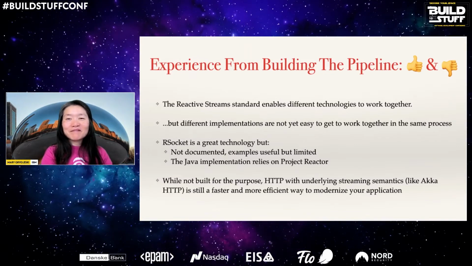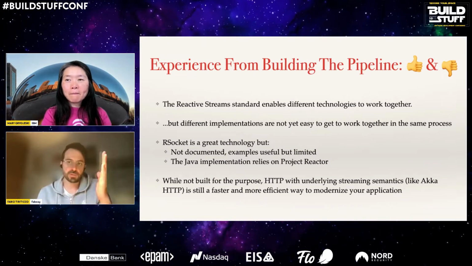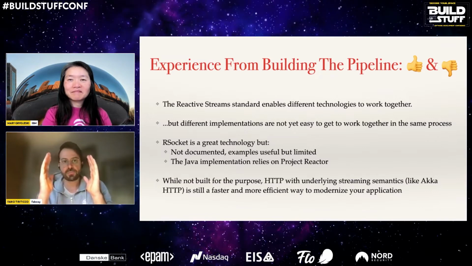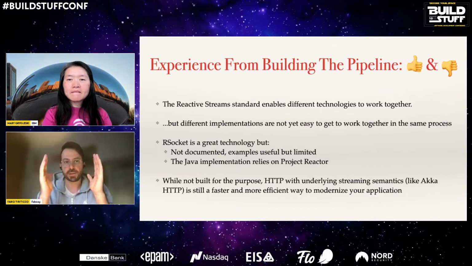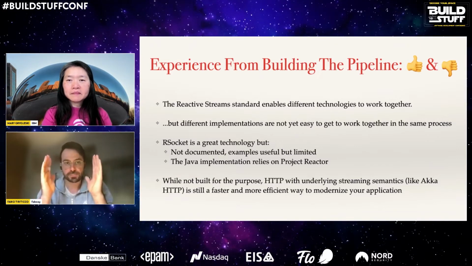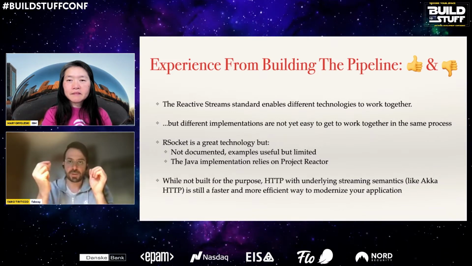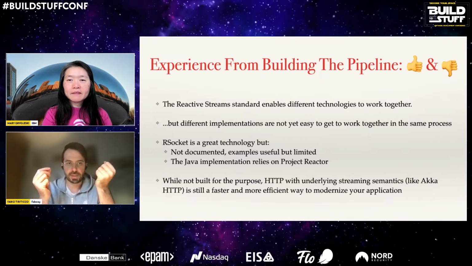Indeed, in the first legacy processor, if you remember, what we have is a source from Kafka and then an output using RSocket. So both these two connectors are Reactive Streams enabled, but they are different. RSocket implements it in one way, and this Kafka Streams connector implements it in another way.